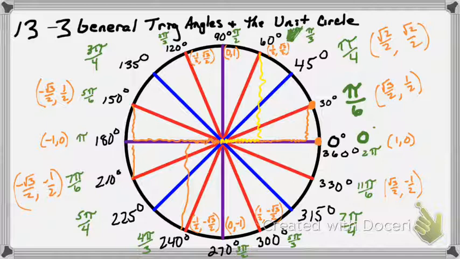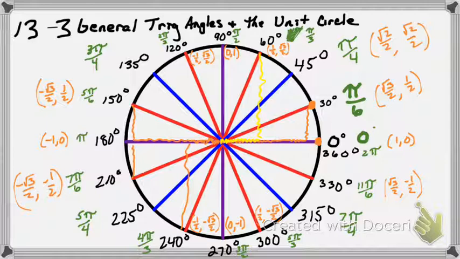The only difference is on 135, 225, and 315, you have to have your signs correct. So I want you to write down the coordinates for 135, 225, and 315. All of them are root 2 over 2, but you have to decide where the positives and the negatives go. See if you can fill those out.